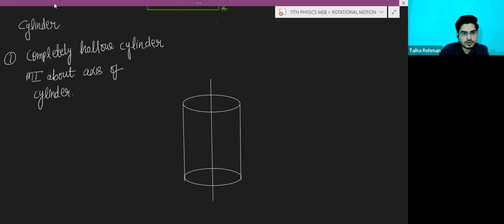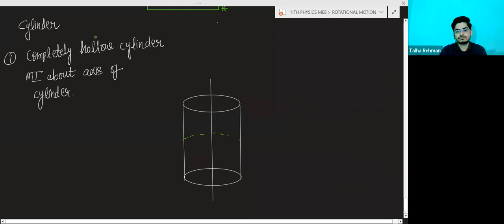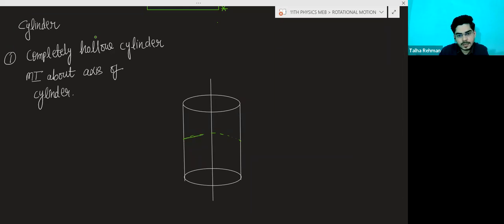So how will you calculate the moment of inertia here? You have to assume a ring.